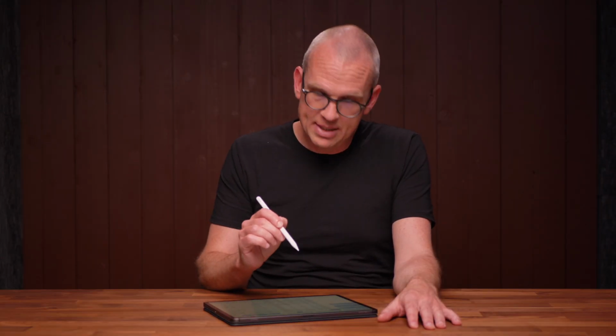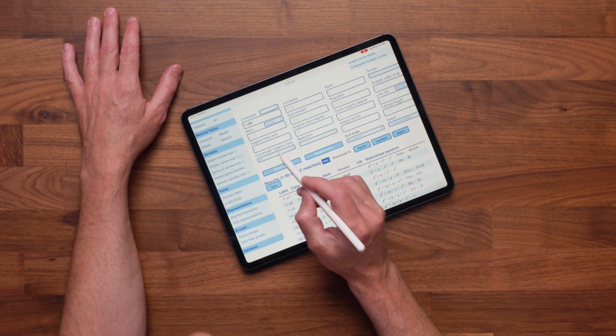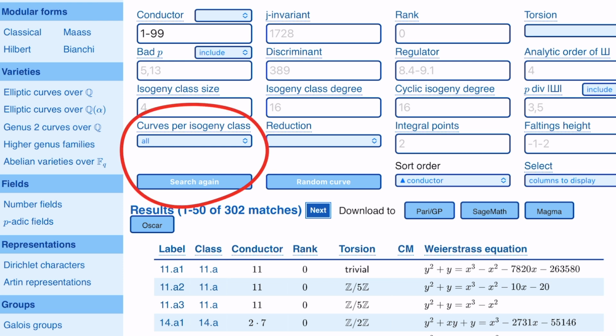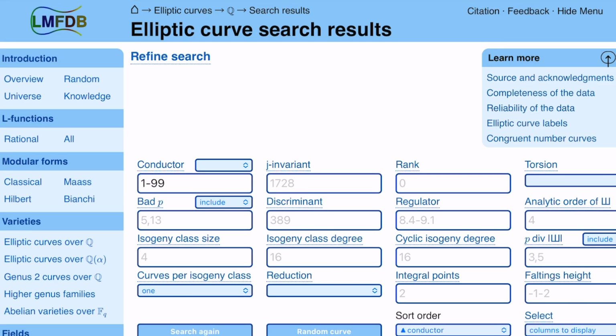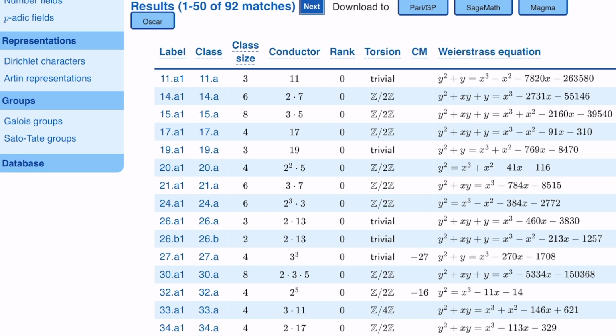To avoid repetition in this list, choose one curve per isogeny class, just one, and search again. Now we see the sequence 11, 14, 15, 17, 19, 20, 21, 24, 26, 27, 30, 32, and so on.